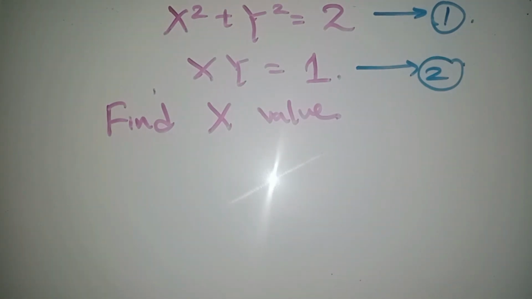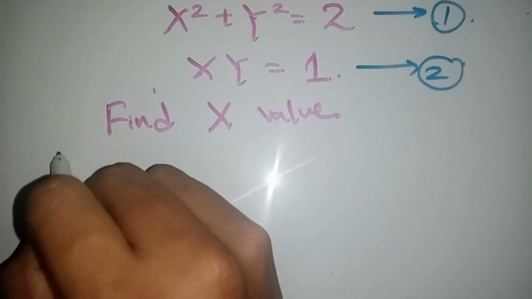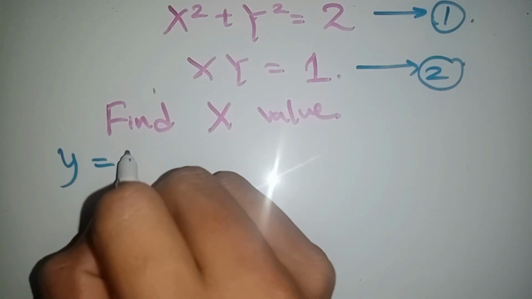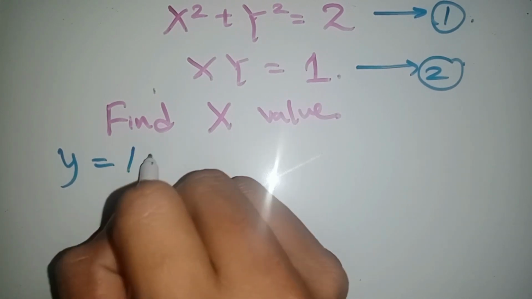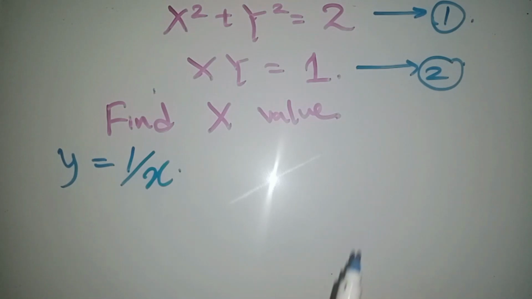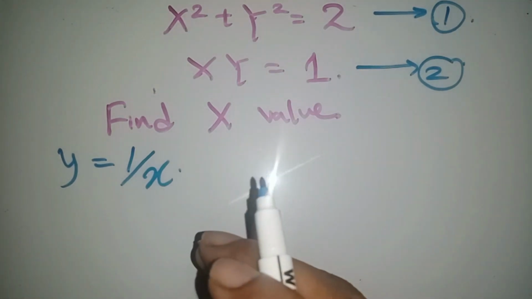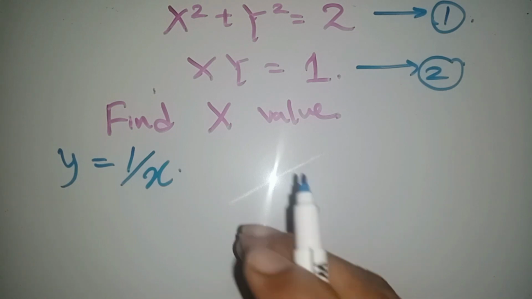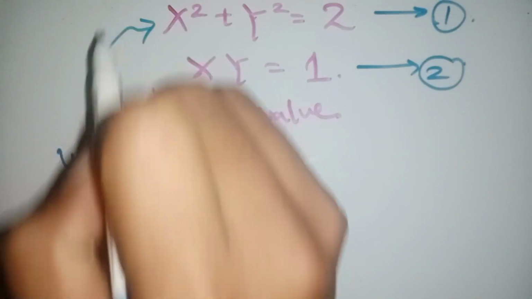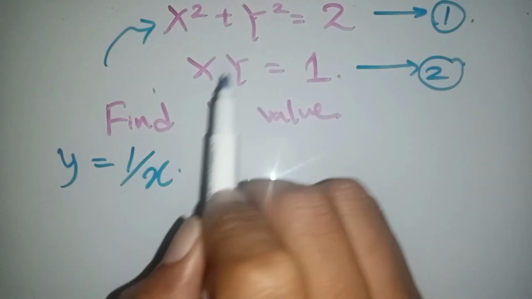Using my second expression, I can isolate y equals 1 divided by x. Then I have to substitute this 1 divided by x value into my first expression.